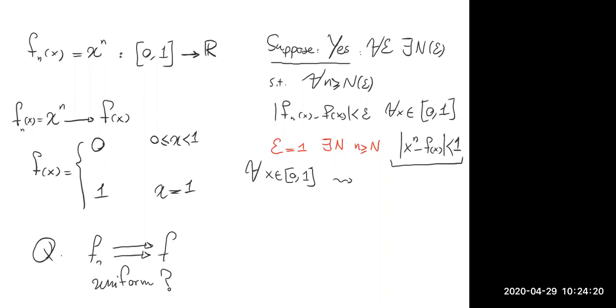Suppose x is something that's strictly between 0 and 1. So take some x between 0 and 1. Then f of x would be equal to 0. Therefore, x to the n minus f of x is just x to the n. Oh, I chose a bad epsilon. It's better to choose, let's just choose 1 over 100.